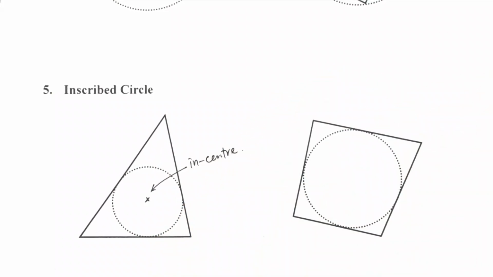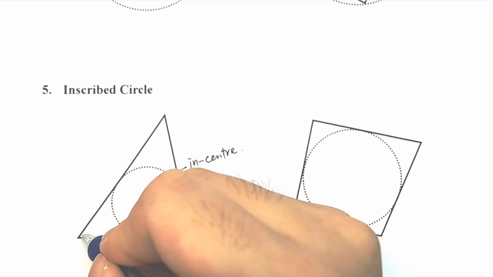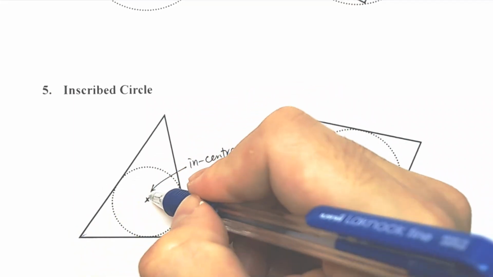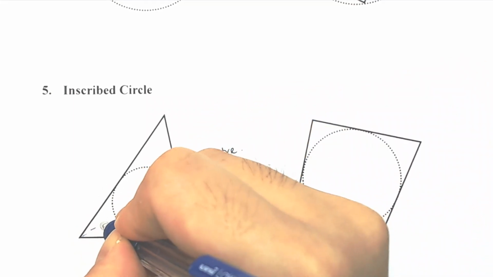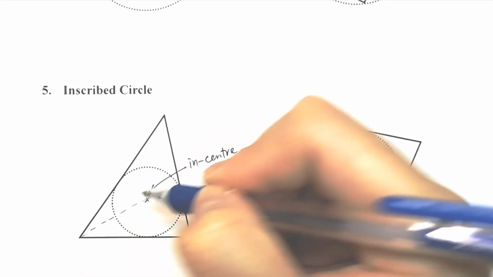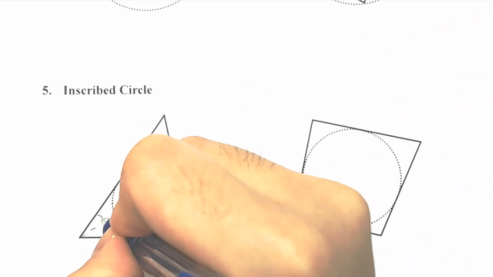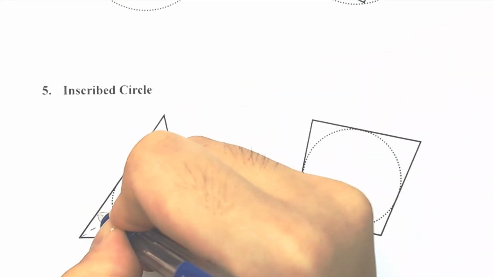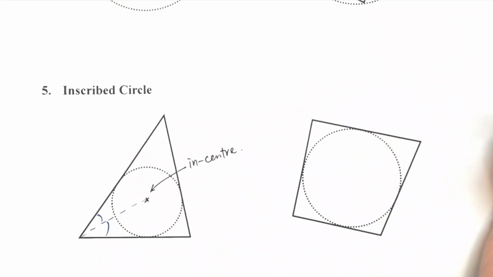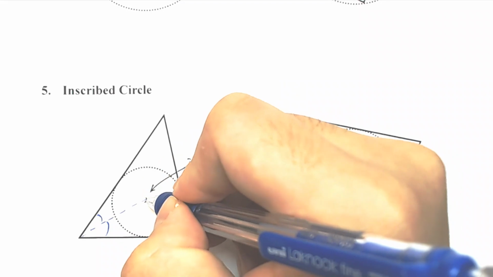And you have learned it in Form 3 that this center is formed by the angle bisectors. So when we join from the incenter to any vertex of a triangle, the two angles are equal. Okay?